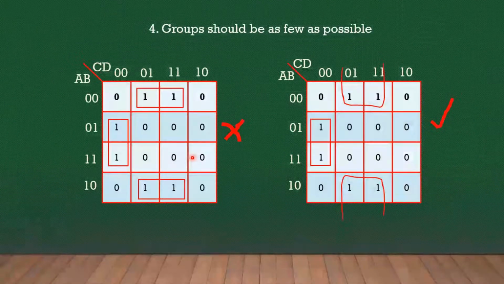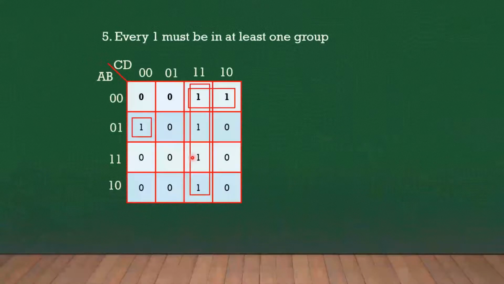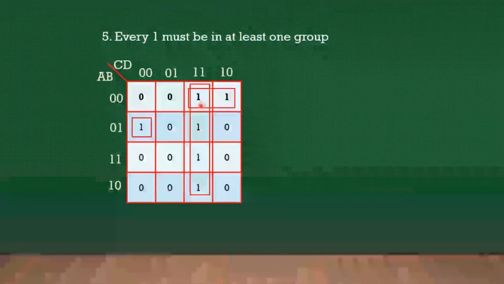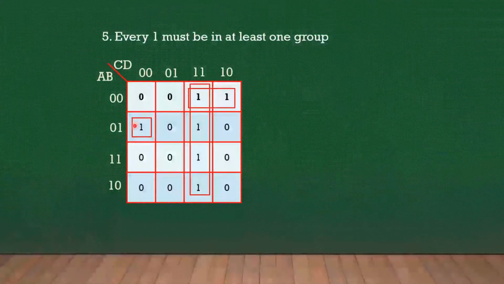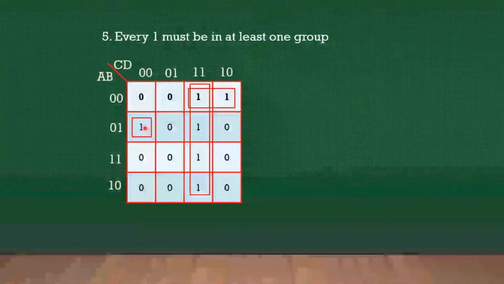Then the fifth one is everyone must be in at least one group. For example, these ones, we can group them like this. 1, 1, we can group this one, but 1 is left. If this one has no adjacent ones which we can group, we at least make one group for it.